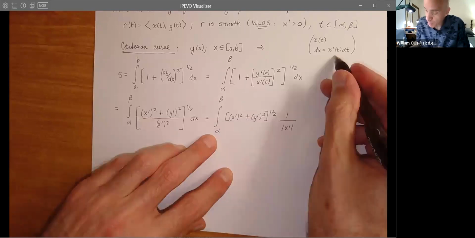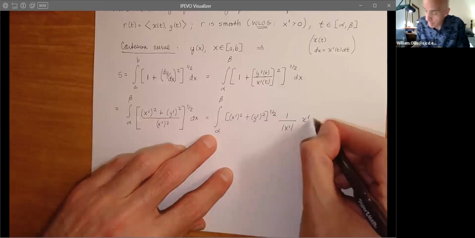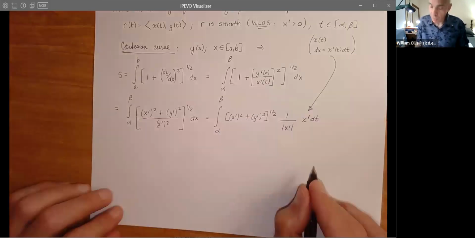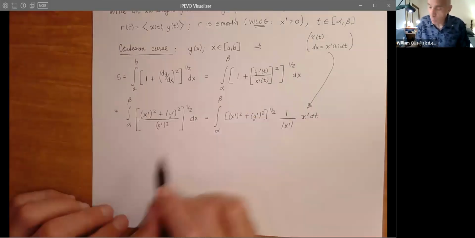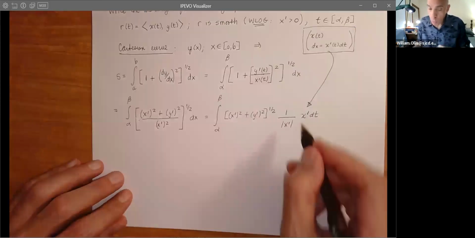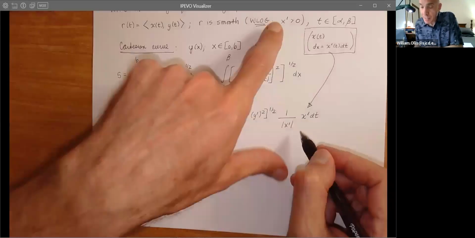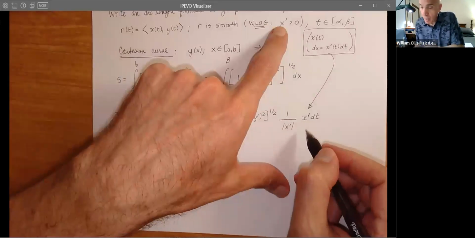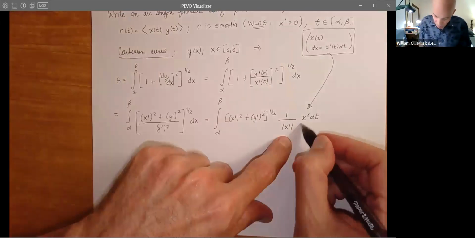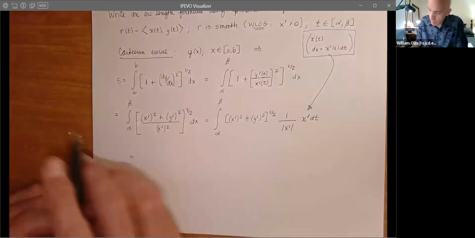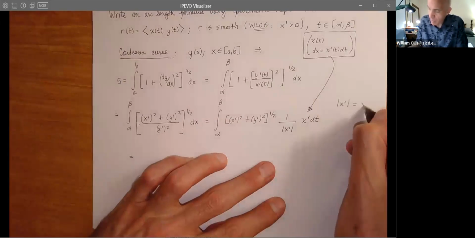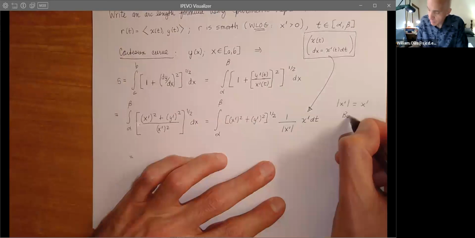Well, now we're going to substitute x prime dt for the dx, which I could have done up here, but I didn't. Now we're going to use that here. And now, of course, by hypothesis, the x prime is positive, so the absolute value of x prime is x prime by hypothesis.